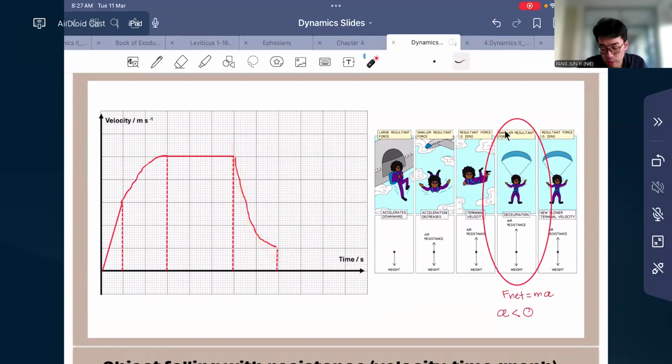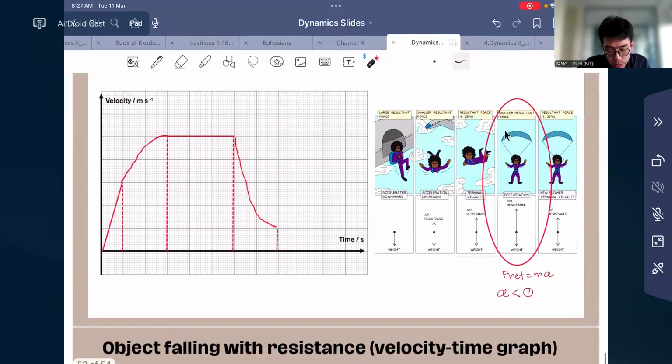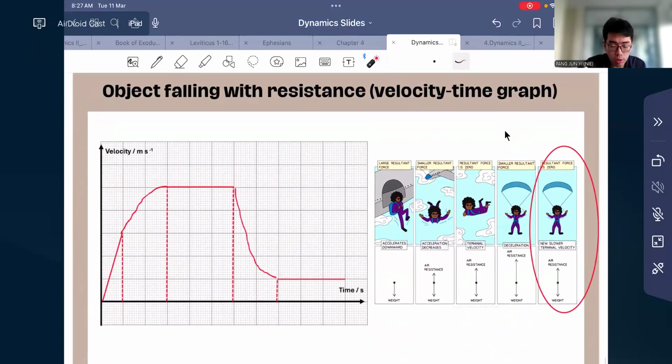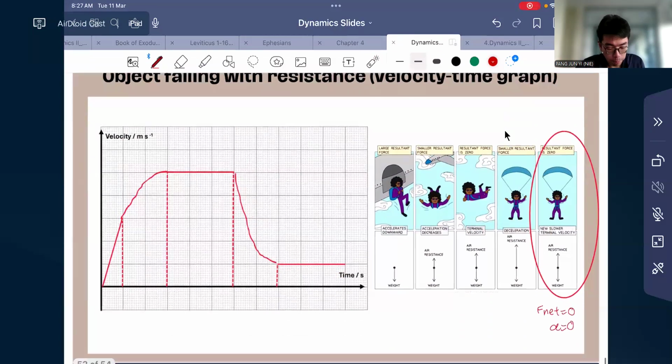And then afterwards, when the object reaches a new terminal velocity, you have another constant velocity here. That is where we go back to the fact that F net is equal to zero, and then a will be equal to zero. And this is how a skydiver can land on the ground safely after falling from such a big height.